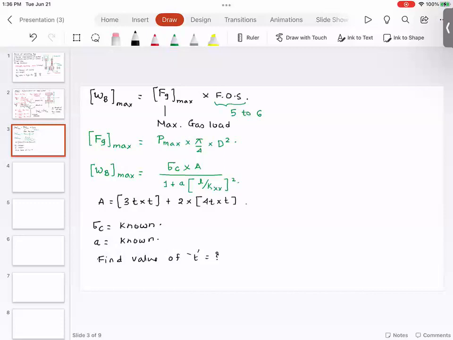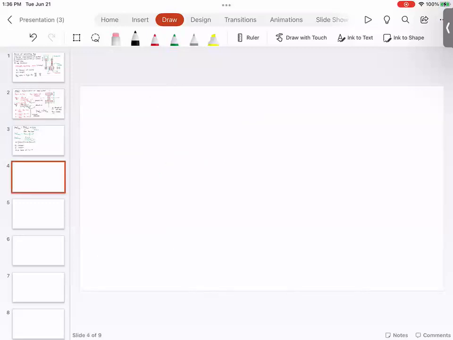So the next part is design of a big end. So gas load, pi by 4 d square times p, where p is the p max gas pressure.